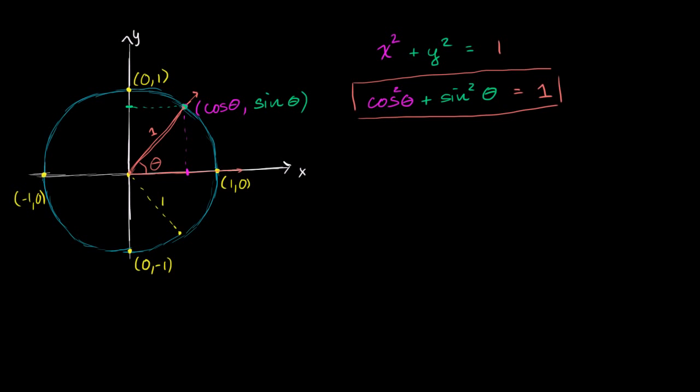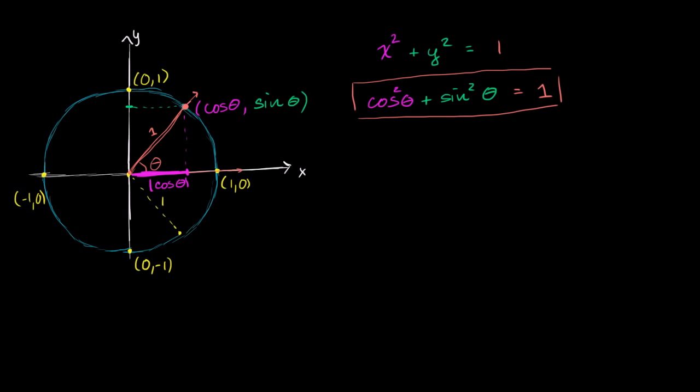If we look at this point right over here, which we're saying has x-coordinate cosine theta and y-coordinate sine of theta, what is the distance between that point and the origin? Well, to think about that, we can construct a right triangle. So this distance right over here, and so that we can deal with any quadrant, I'll make it the absolute value of cosine theta.